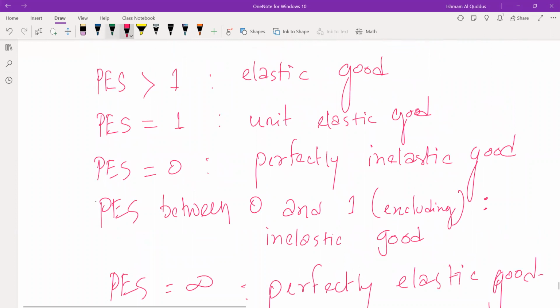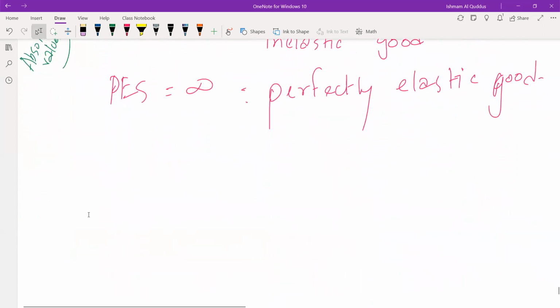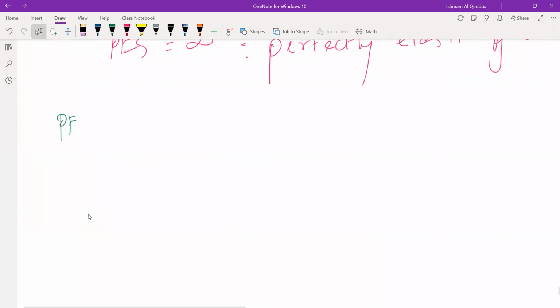Try to recall this, like, where did you see this? So remember, it is exactly the same for PED. Same. But remember that it is the same only when you take the absolute values of PED. Because when we calculate PED, we actually get negative values, right? Then we take the absolute values, then it becomes positive.